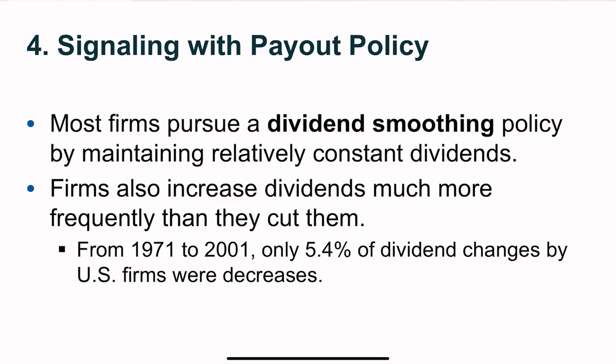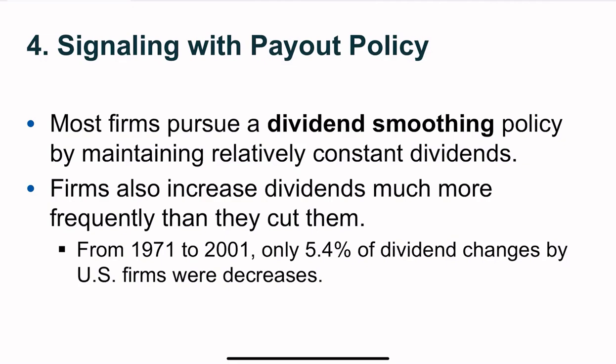And then we will mainly focus on the so-called dividend smoothing policy here. So this is really an empirical observation we have seen from data. If you look at data, most firms will use a so-called dividend smoothing policy. Basically, it means that these firms' dividends are very consistent, right?